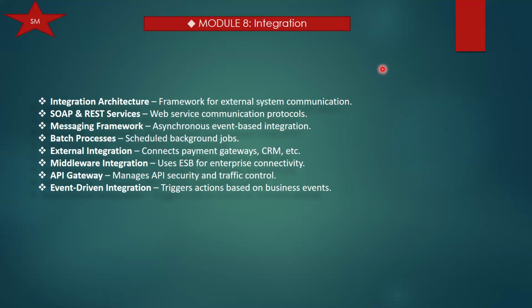And SOAP and REST services: you can use SOAP and REST services as well. These features are mainly for the developer or architect. SOAP and REST services are web service communication protocols.